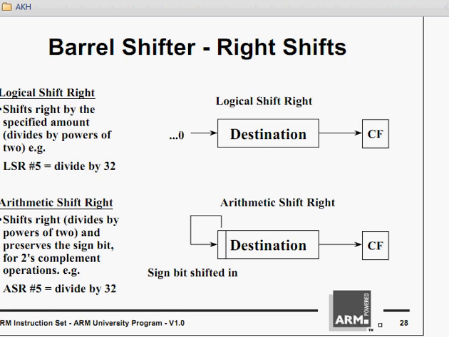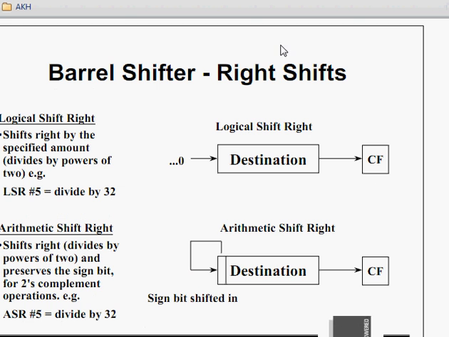The logical shift right means you're dividing by 32 and then adding it with some other number. So there are two kinds of right shift: logical, and the other is arithmetic shift.